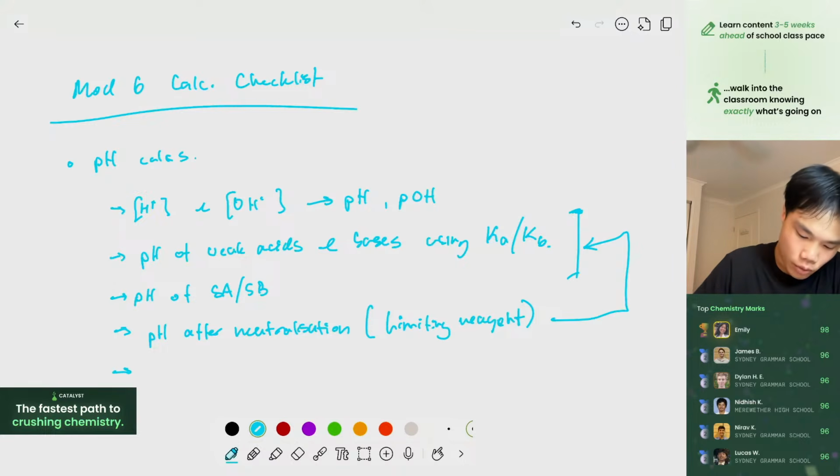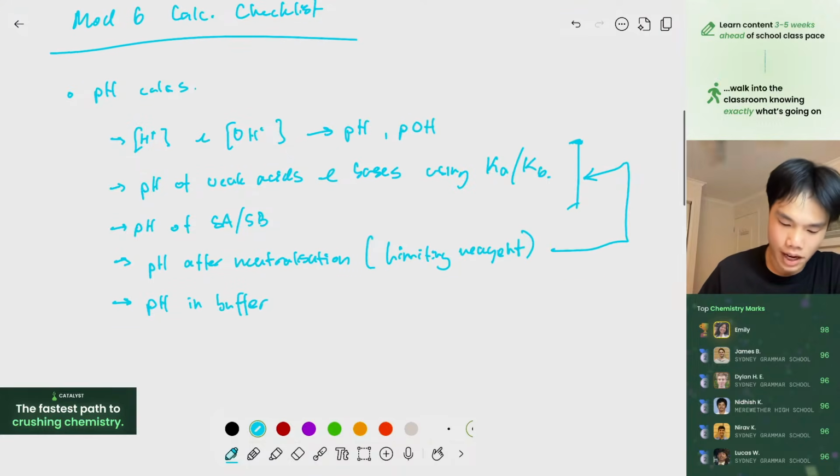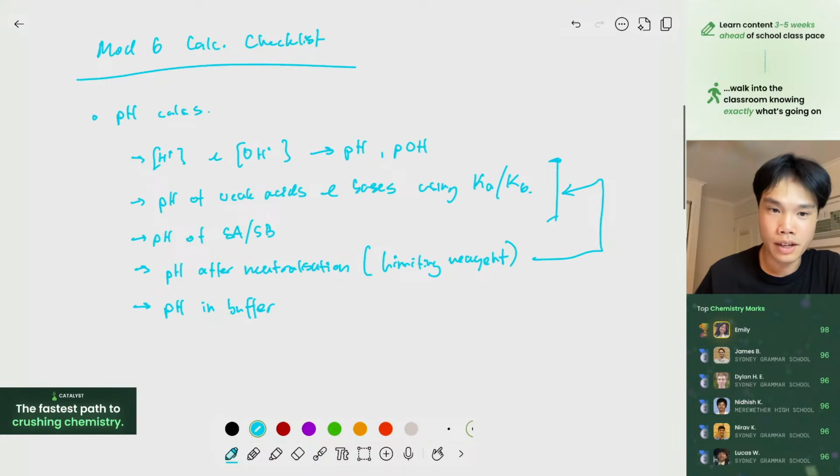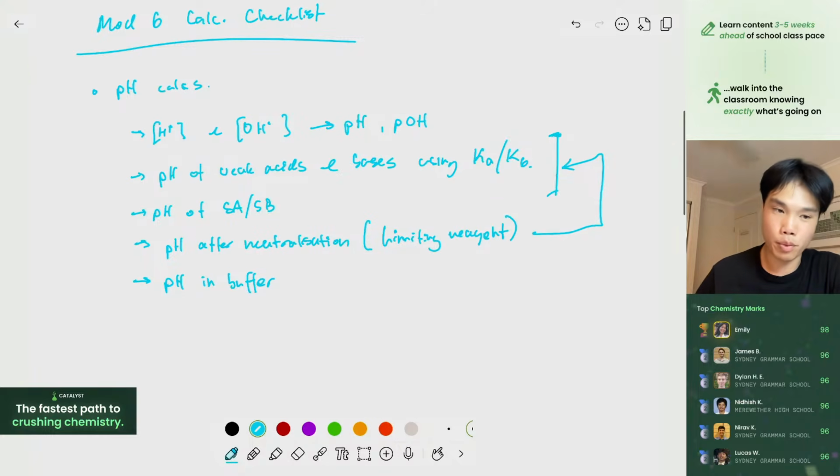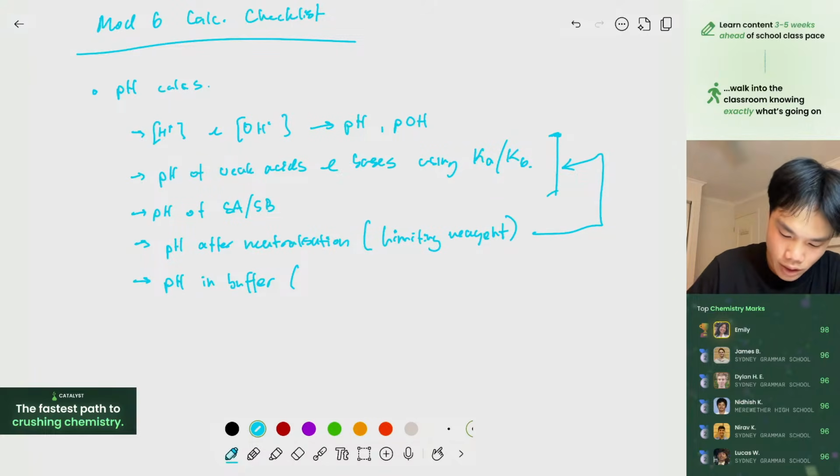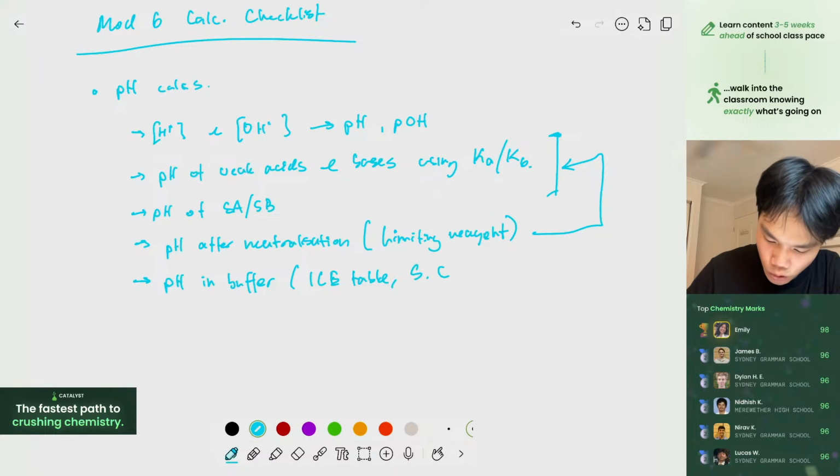Then, as I said before, you have your pH in buffers. So your buffer calculations. Have a look back at the example if you haven't done these before. So when you form a buffer, what will the pH be? And you're essentially doing an ice table and small change assumption to solve these using a Ka/Kb.